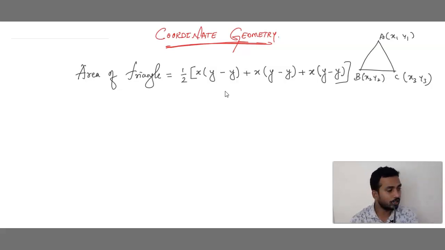What is the formula? Half into x into (y minus y) plus x into (y minus y) plus x into (y minus y). Three times you write x into (y minus y). After that, you make this as x1, you make this as x2 and then you make this as x3. Okay, x1, x2, x3.